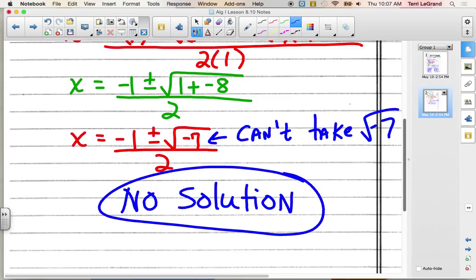Now, again, listen carefully to me. It is not because we could not factor it. We always have to try; if you can't factor it, then you have to try the quadratic formula and see.